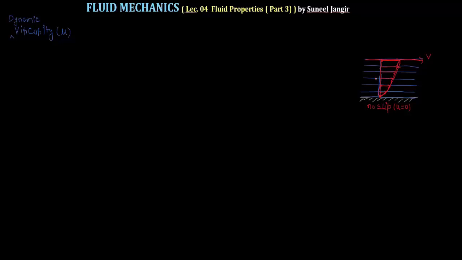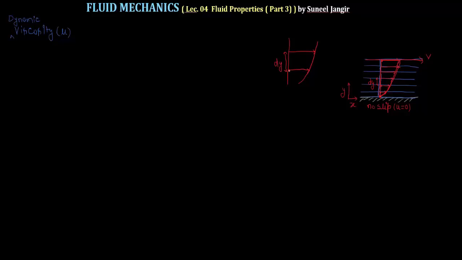If I consider two layers at a distance dy apart, one layer has some velocity and another layer has this much velocity. The distance between the two is dy, and this is our y coordinate, and the flow direction is the x coordinate.